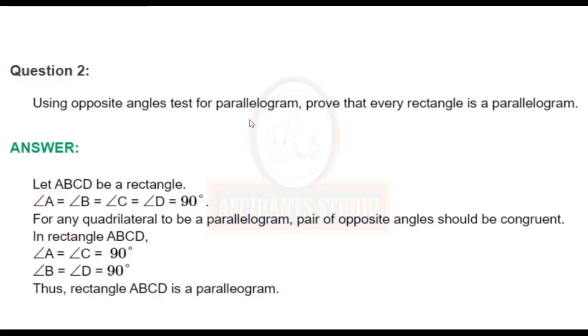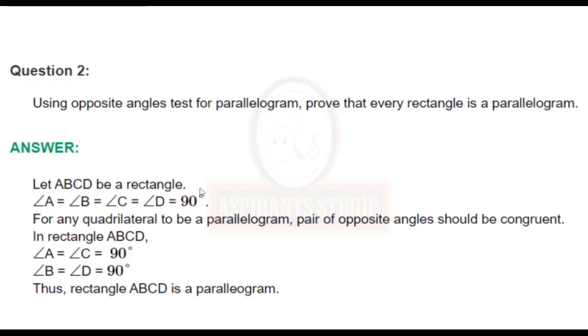Once again I repeat, given quadrilateral ABCD is a rectangle. To prove quadrilateral ABCD is a parallelogram. Draw a quadrilateral ABCD. Just a four-sided figure you draw and mark ABCD.